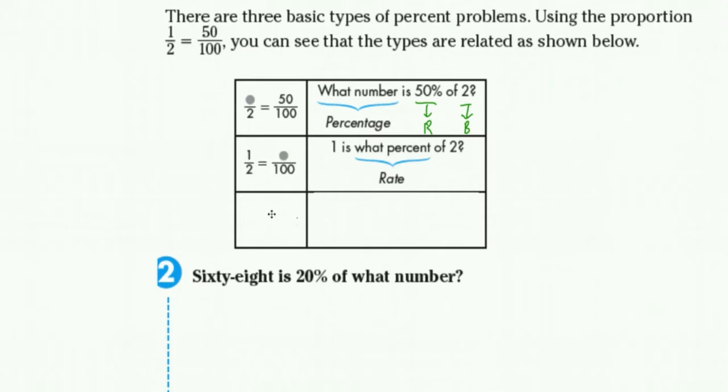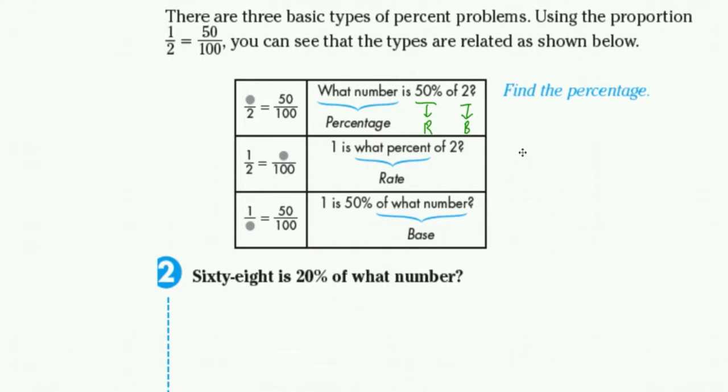And in the last scenario, we're looking for 2, which is our base. So this is: 1 is 50% of what number? In the first scenario, we're looking for the percentage. In the second scenario, we're looking for the rate. And in the third scenario, we're looking for the base.